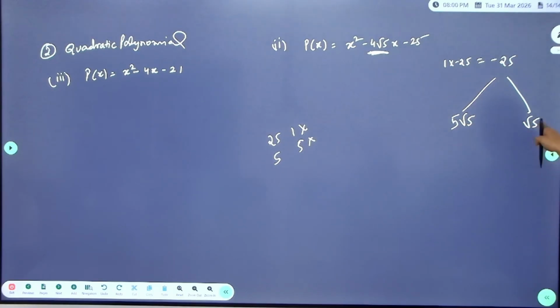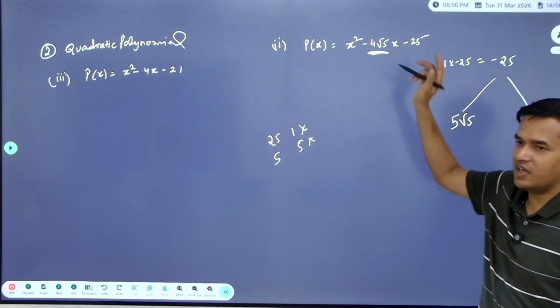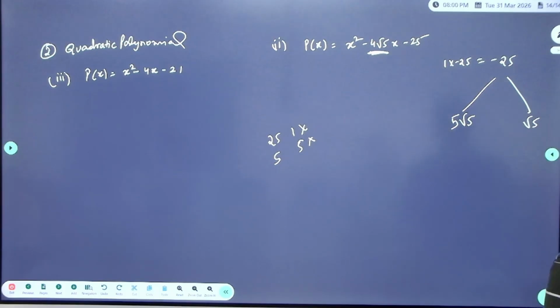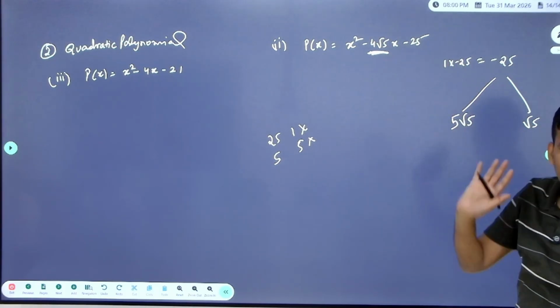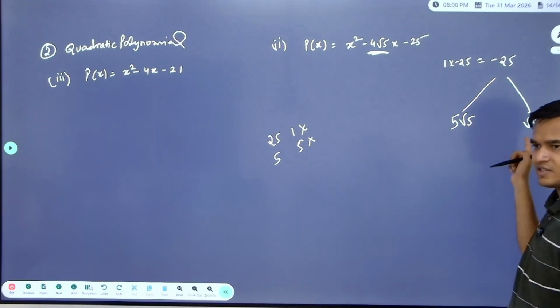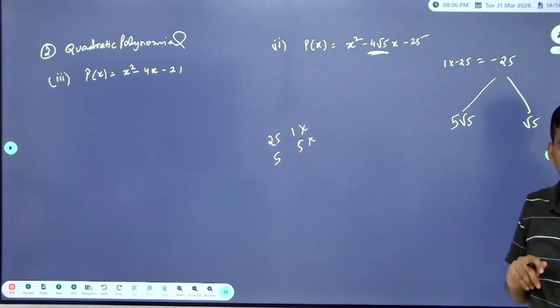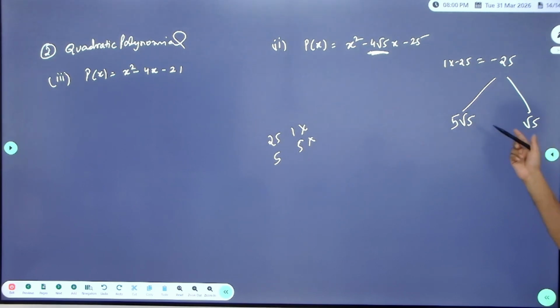Now 5 root 5 and root 5. If you subtract, what you will get? 4 root 5. So these are the factors according to this middle term, 5 root 5 and root 5. Because root 5 is anyway needed because of the middle term, so root 5 we have fixed. Now the remaining factor is 5, so 5 we can distribute.